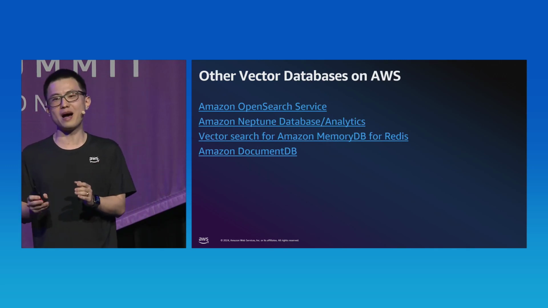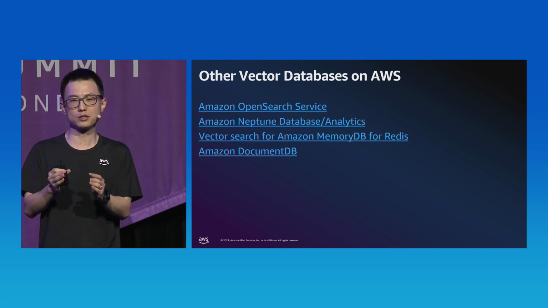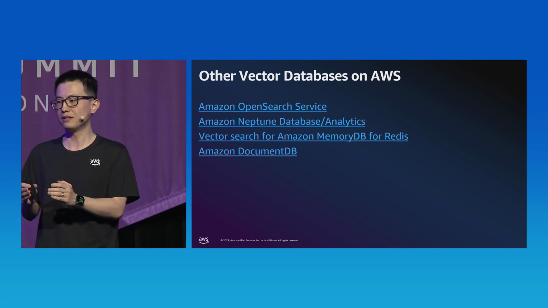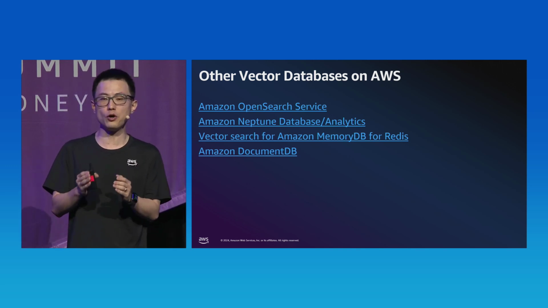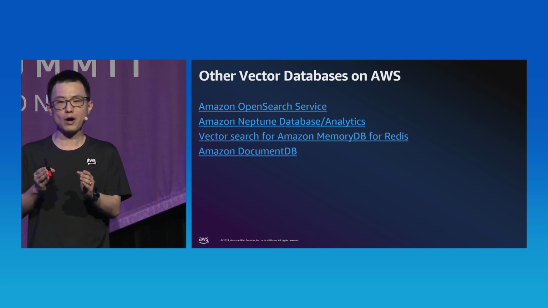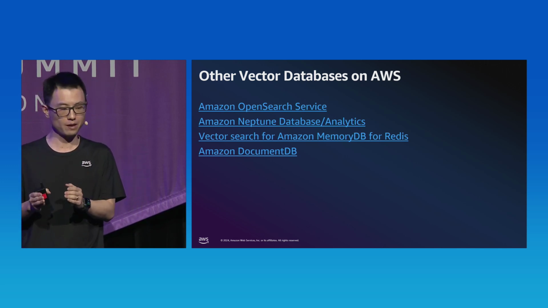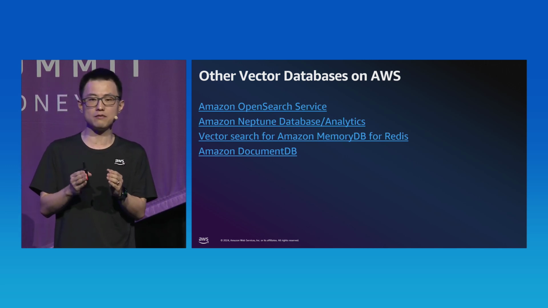I've talked a lot about pgvector and PostgreSQL as a vector store. Actually, this is not your only option on AWS when you are trying to build a vector store. On AWS, we have plenty of options.